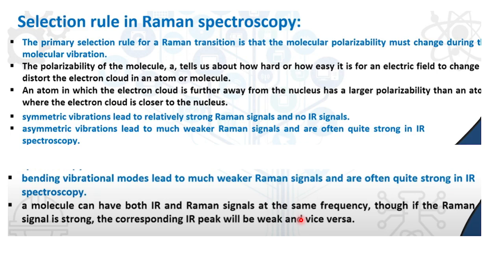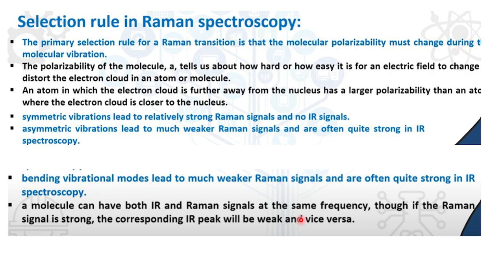Why? Because electrons close to the nucleus are much more tightly bound. Those far from the nucleus are labile and weakly bound. That's why the electron clouds which are far away are easily polarizable in the presence of an electric field. Now symmetric vibrations usually give a strong Raman signal and no IR signal. We will discuss this in a later slide.